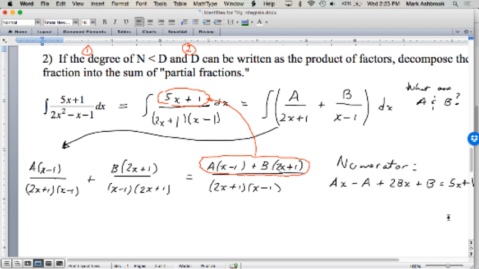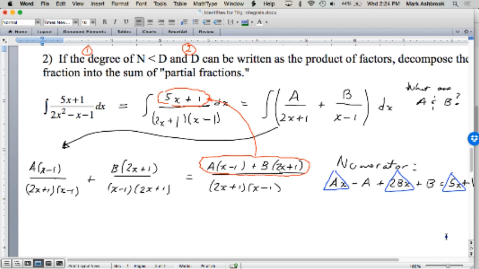Okay. So then we're going to match up like terms, right? So we got our x values. I'll do blue triangles. We got an x term there, we got an x term there, and over here we got an x term there.